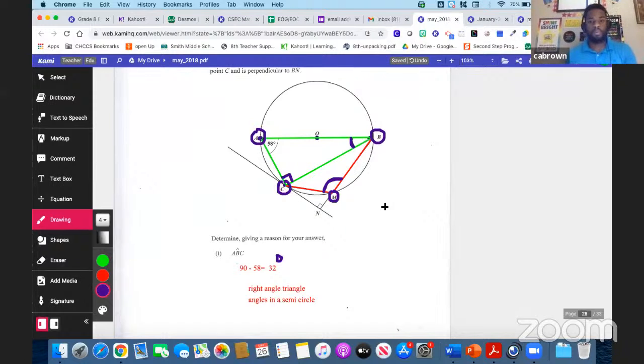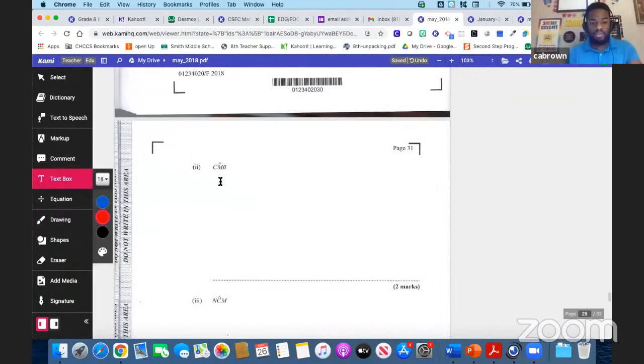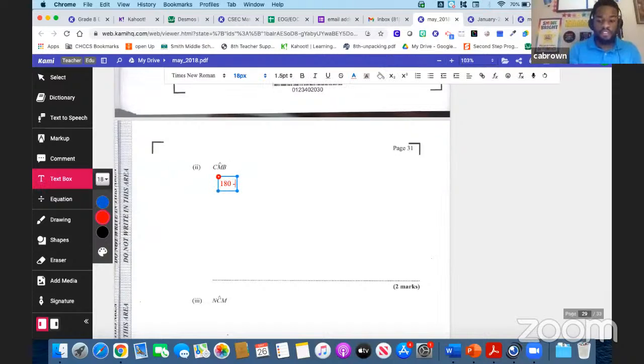And in circle theorem, the theorem states that in a cyclic quadrilateral, the opposite angles are supplementary. Supplementary angles, as I would have mentioned earlier on, add up to 180 degrees. So to get this angle right here, we can subtract the opposite angle, 58. So we can go ahead and say 180 minus 58. What's going to be your reason? Angles in a cyclic quadrilateral.